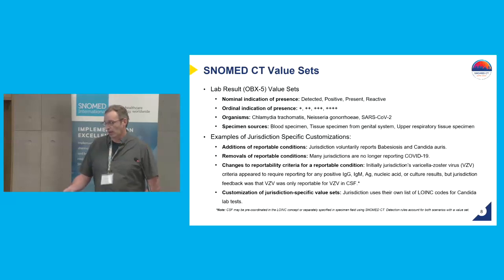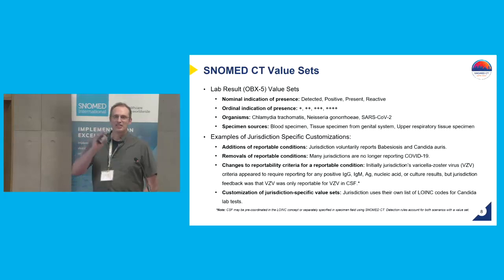Changes to reportable criteria. So this was an example where the original interpretation from the jurisdiction was all VZV testing, antibody, antigen, culture positive results should be reported. But the refinement was that it was only for lab tests where the specimen was CSF, right? So this is where it gets more interesting, right?